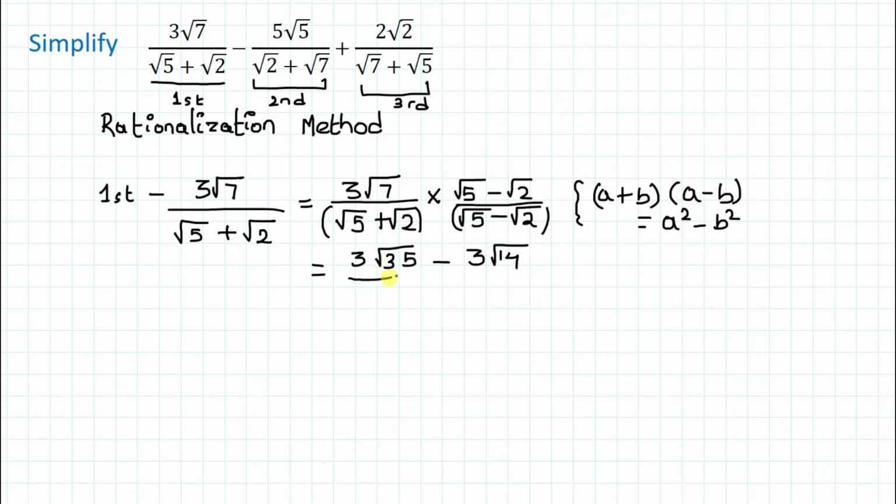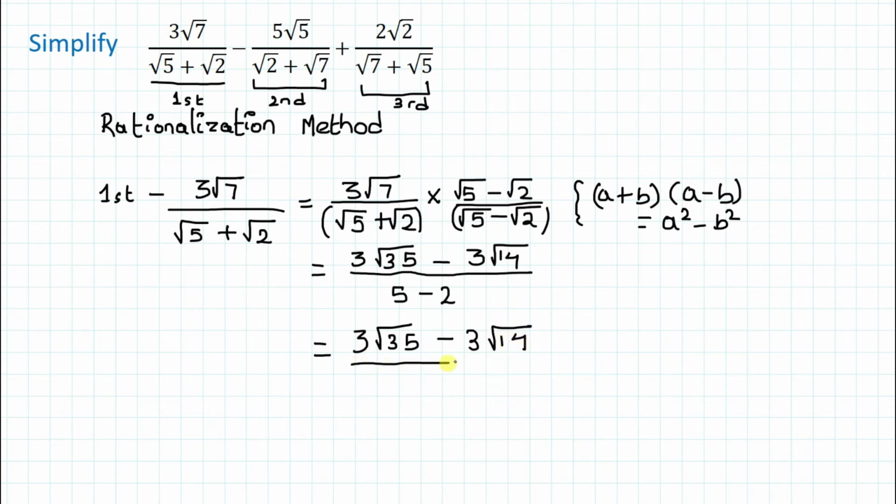So what I'll get is 5 minus 2, because root 5 square is nothing but 5, and root 2 square is nothing but 2. So by simplifying, I'll get 3 root 35 minus 3 root 14 divided by 3.